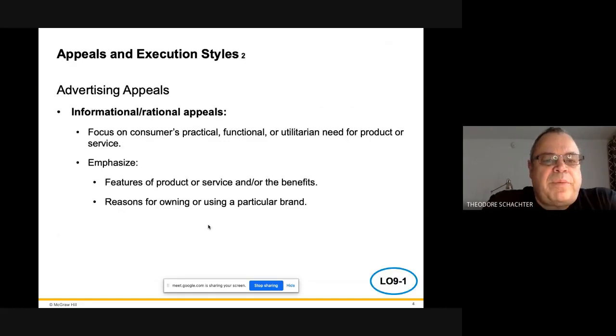So when we think of informational or rational appeals, we think of things that are functional or utilitarian, and we have to emphasize that. What do I mean by that? Well, people who brush their teeth have no cavities, or have 87% fewer cavities than people who don't brush their teeth. Okay, because of fluoride.